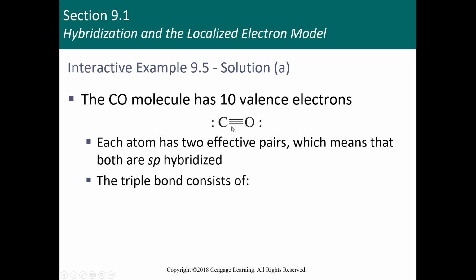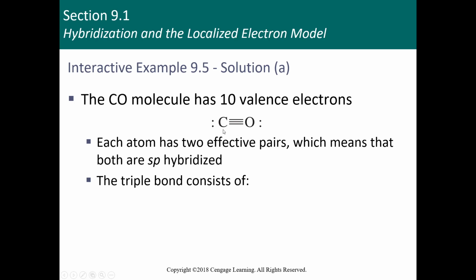And what are these made out of? Well, the direct overlap, those are made out of an sp hybrid orbital coming from the carbon, and overlapping with an sp hybrid orbital coming from the oxygen. Those direct overlap make your sigma bond. The pi bonds are made out of a p orbital here, overlapping to the side with a parallel p orbital here.